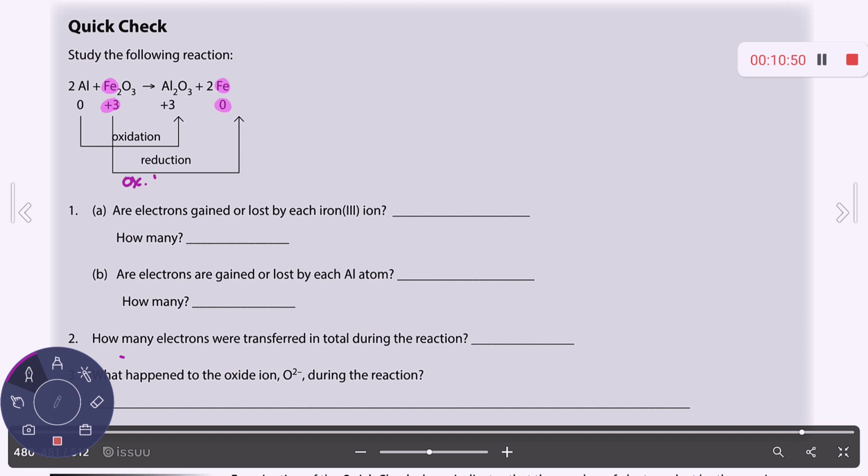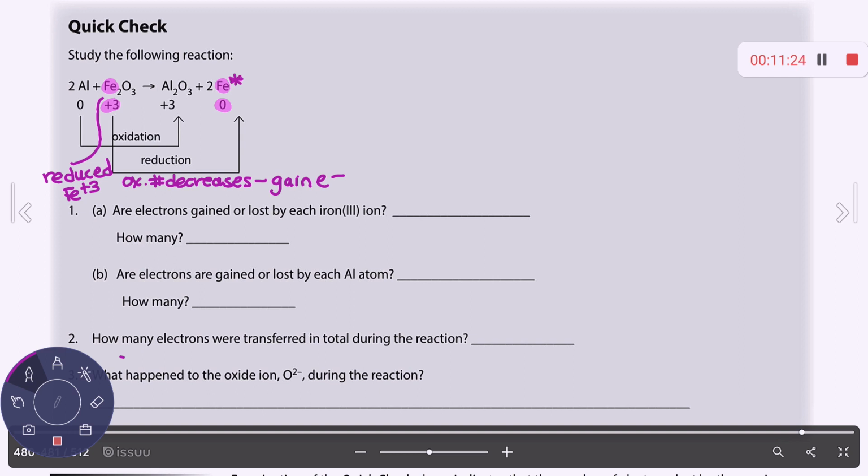So if the oxidation number decreases, that means this is a gain of electrons. So that means that this substance right here is reduced. And when it's an ionic compound, you need to tell me what ion it is. So in this case, this would be Fe+3 that is reduced. Because if you just said Fe is reduced, you'd be talking about this product over here, which is incorrect.